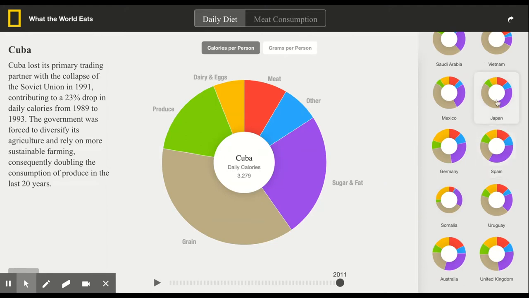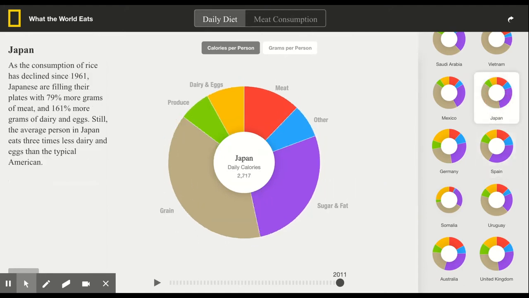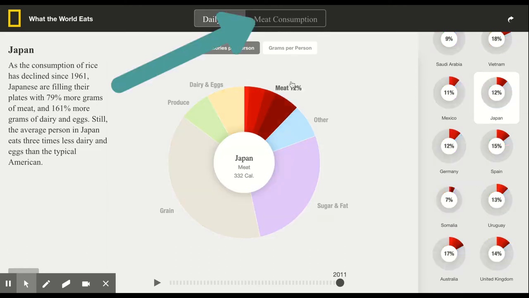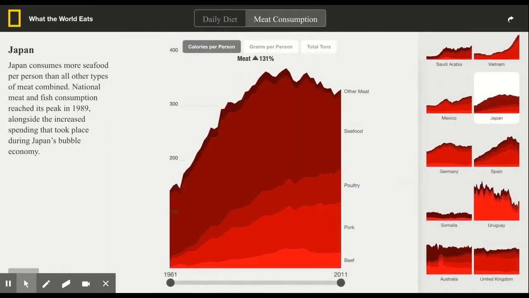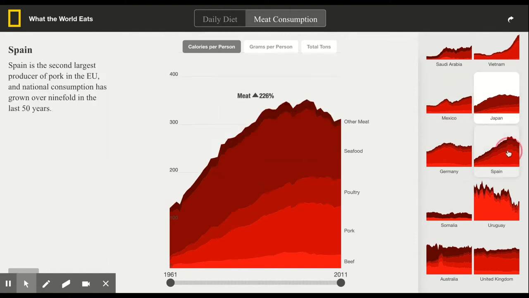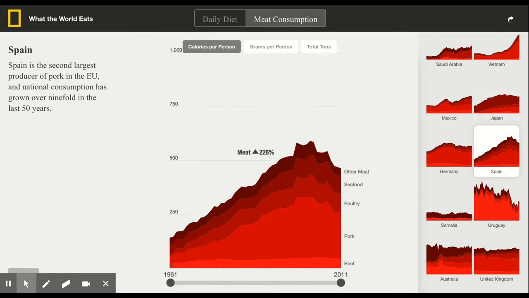For example, one that is very different is Japan in terms of meat. This also lets us really focus in on meat with some of these graphs. And we can see how much or how little people eat in terms of meat consumption, or how many calories.